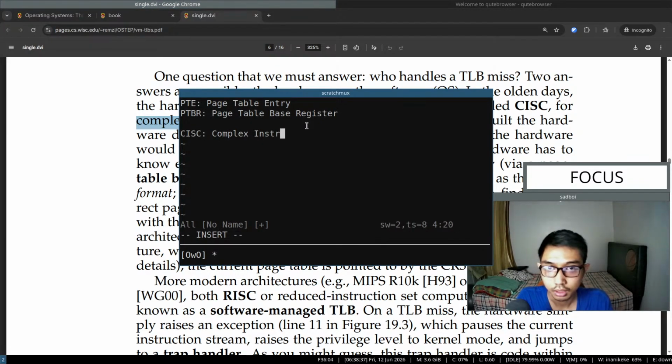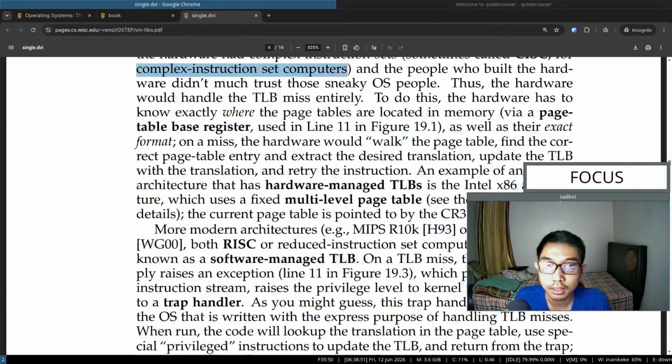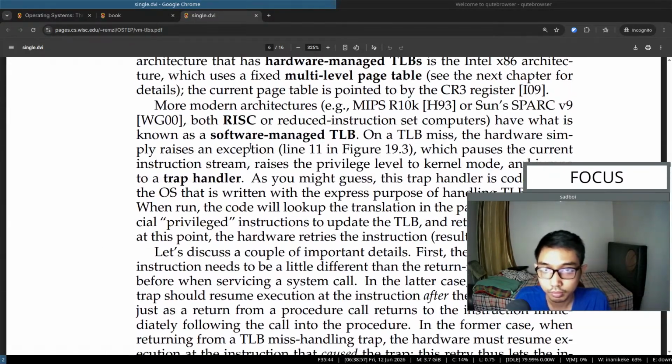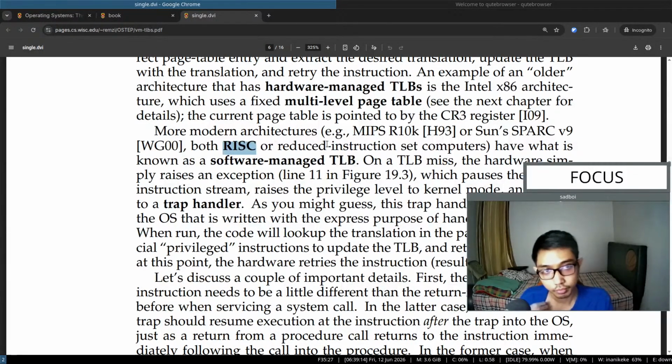And then we have RISC, reduced instruction set computer.